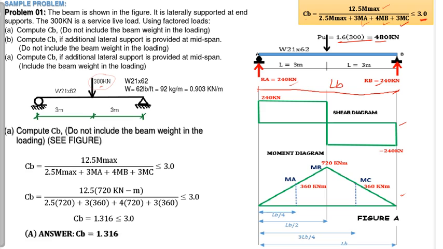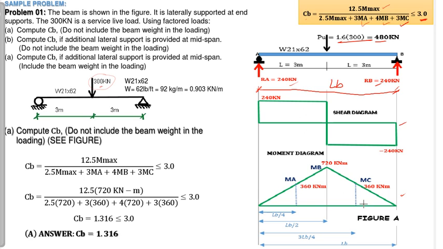Ito yung LB natin. Since simply supported, yung support natin sa left and right will act as the lateral support nung mismong beam natin. Kaya ito yung LB natin. Okay. So, yan yung LB natin, yung full span.